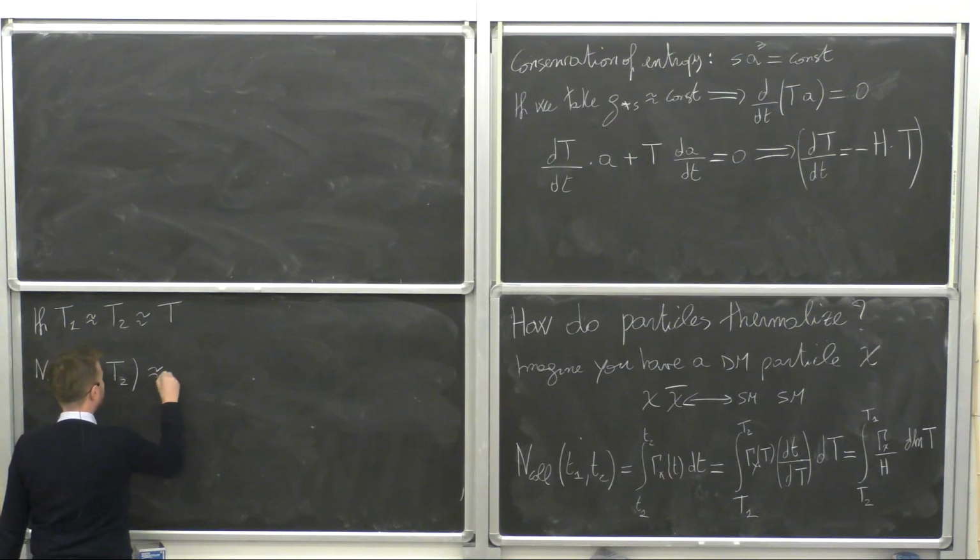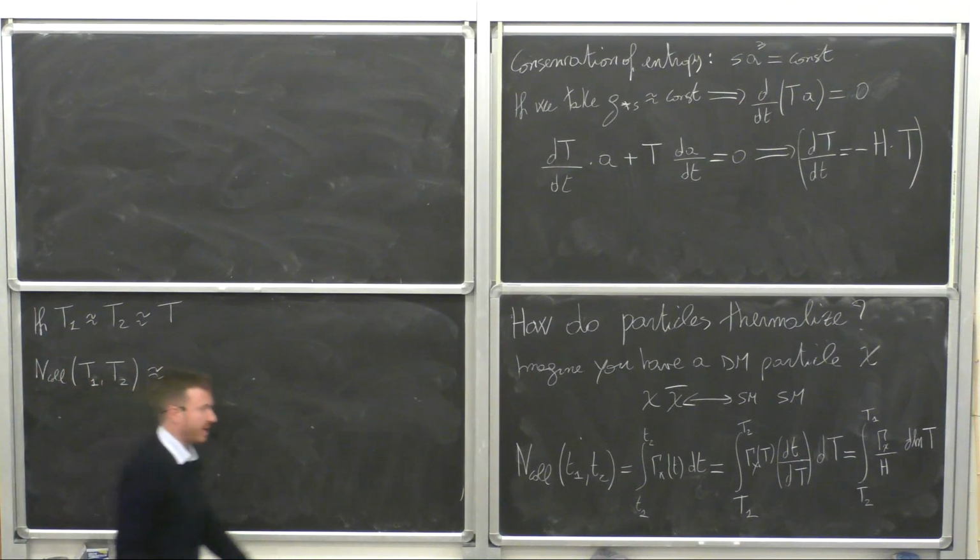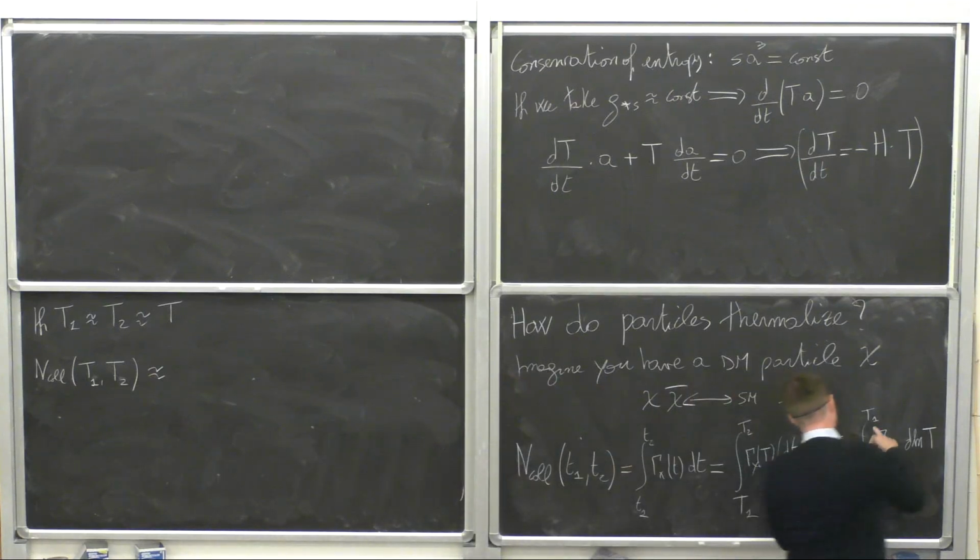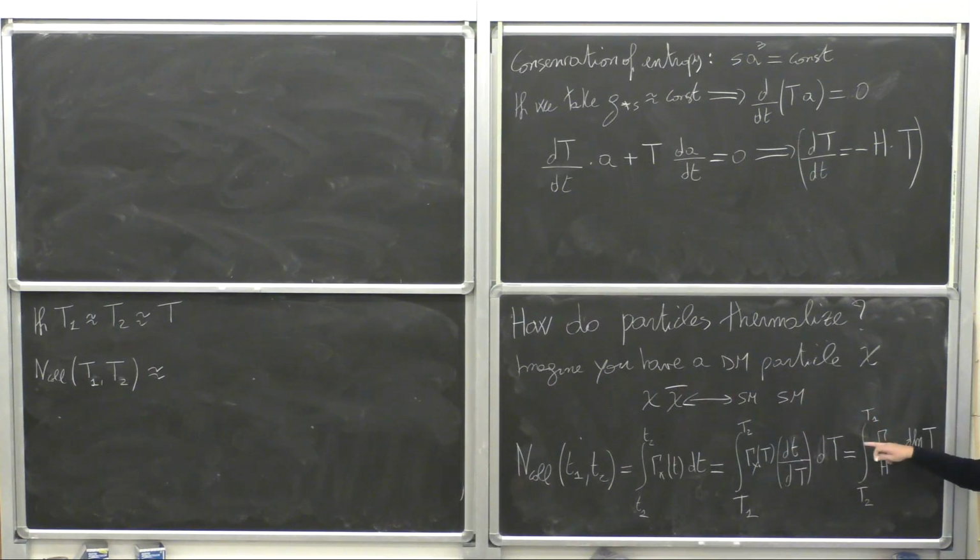Okay, so I can approximate this expression to say, look, if these two temperatures are not too far away from each other, this ratio, gamma over H, is not changing by much, okay? So I can evaluate it. It's an approximation, of course, but you can also take a realistic case. You know how Hubble changes with the temperature, so you can compute gamma and try yourself.